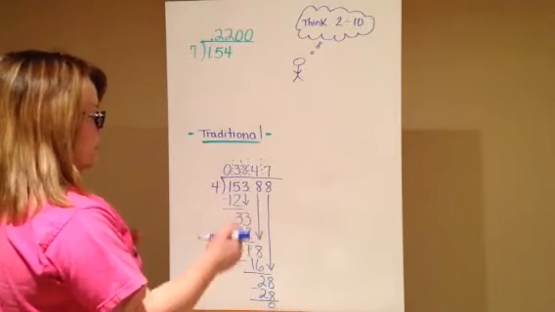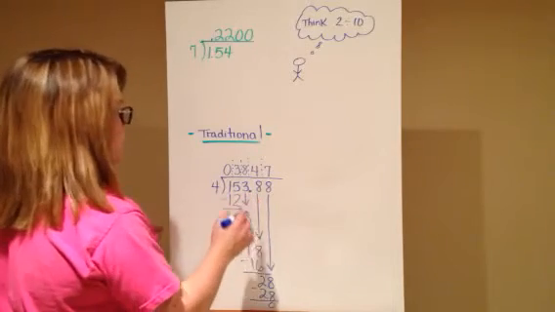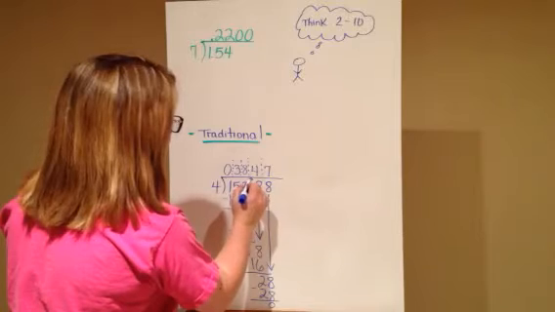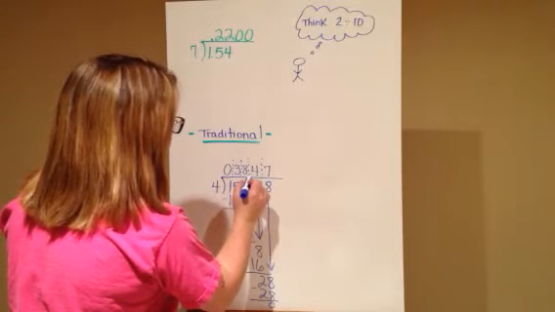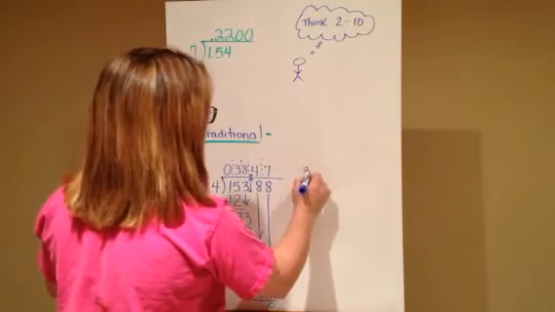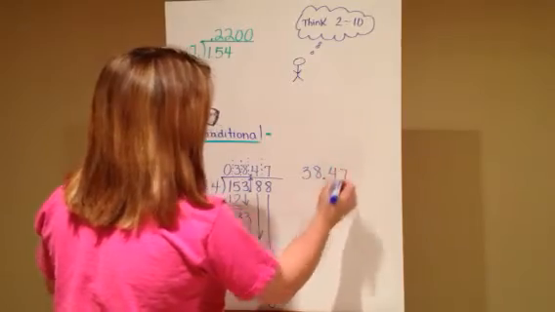Now, here's the magic. We have a decimal point right here, right? All I'm going to do is move that decimal point right here. So that means that my answer is 38 47/100ths.